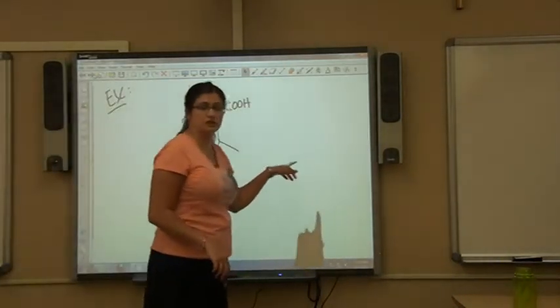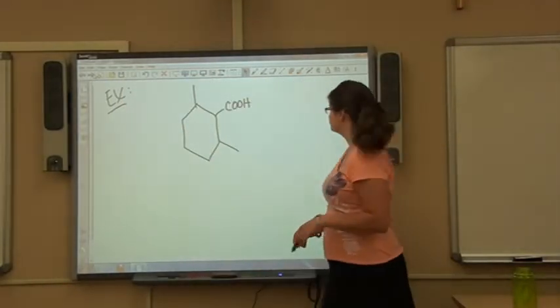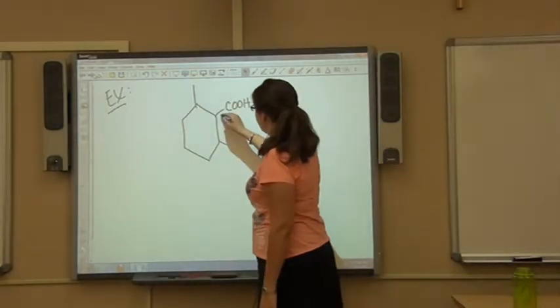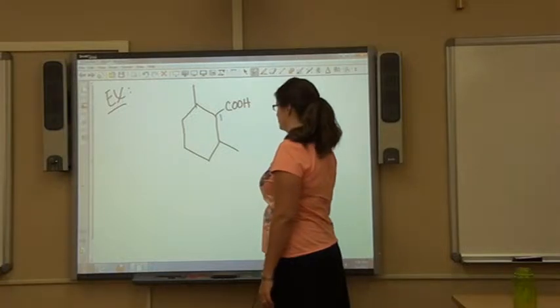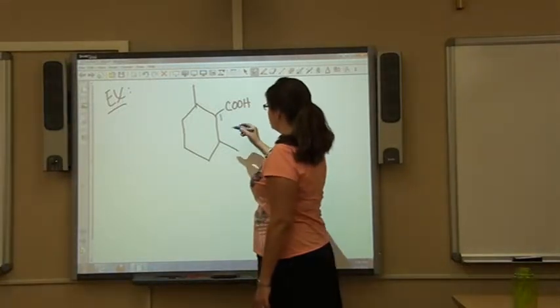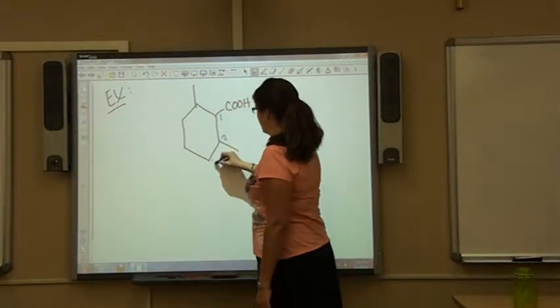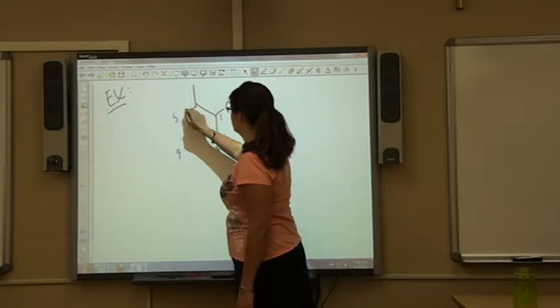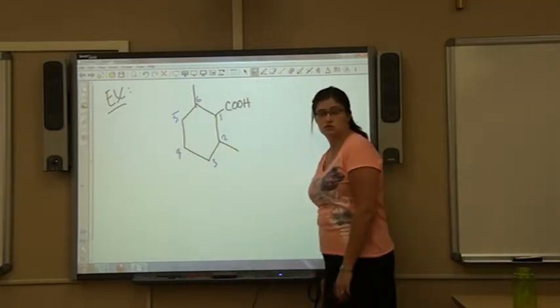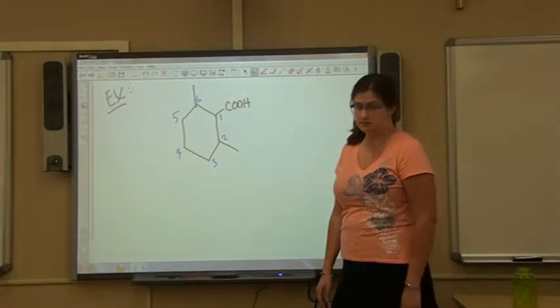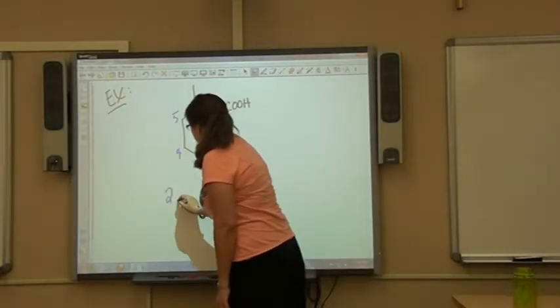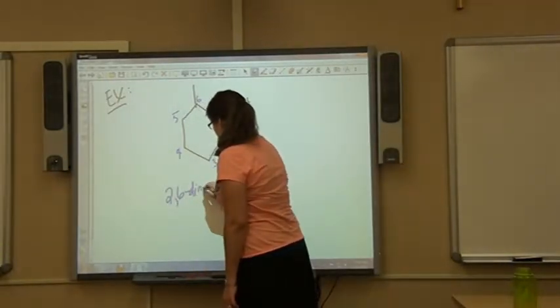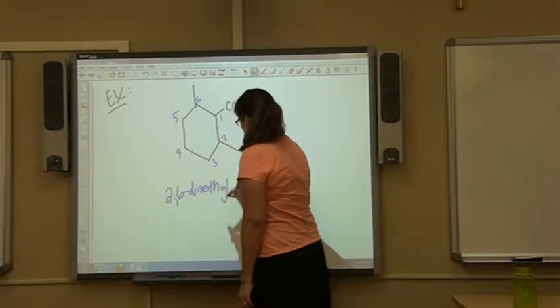Let's do this cyclic compound as our example. So here we have to call this carbon 1. So then we can number in either direction, it doesn't matter. I'm going to go clockwise at this point because either way, those two methyls are going to be 2 and 6. Okay, so let's do that 2,6-dimethyl part. That should be really easy for you guys by now.